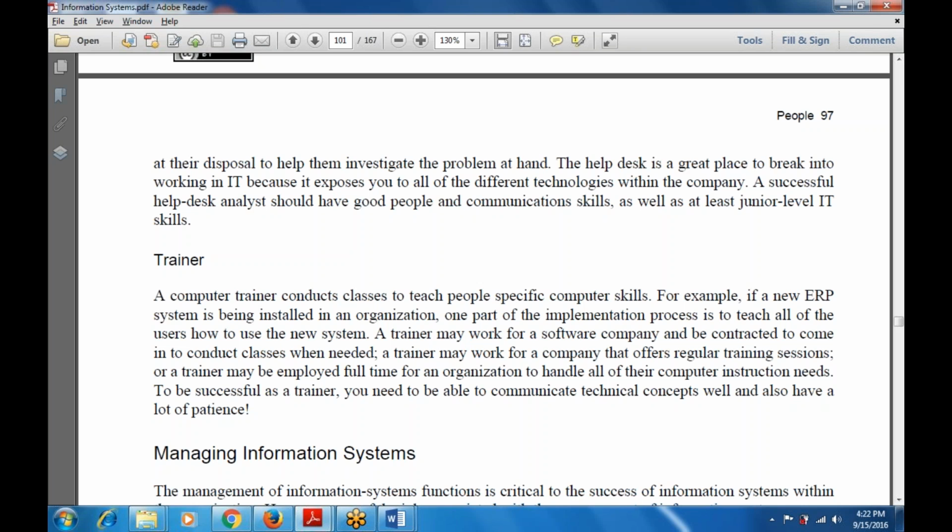A trainer may work for a software company and may be contracted to come in and conduct classes whenever needed. A trainer may also work for a company that offers regular training sessions, or be employed full-time by an organization to handle all of their computer instruction needs. To be successful as a trainer, you need to be able to communicate technical concepts and also have lots of patience.